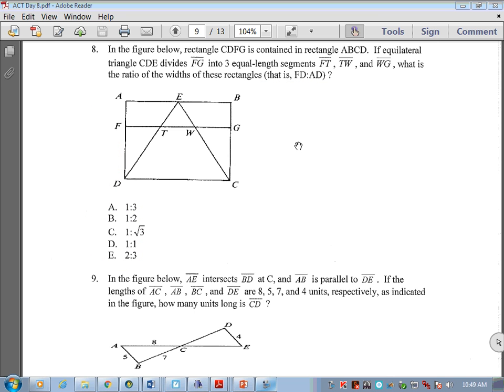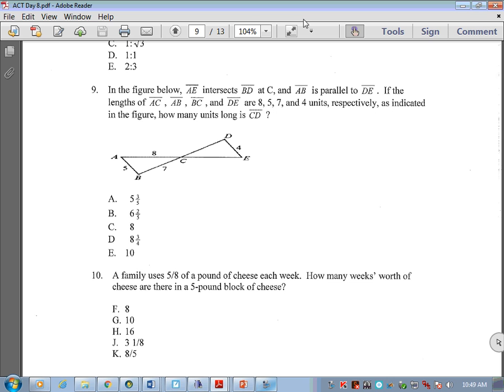Okay, number 9. Here's what I want to do with the remaining time that I've got. I'm going to tell you what the answers are. And if we've got time before the bell rings, we'll go back and answer as many of these questions as we can. Number 9 is 5 3/5. Number 10 is 8. Number 11 is 10. Number 12 is 550. Number 13 is 6. Number 14 is 6.